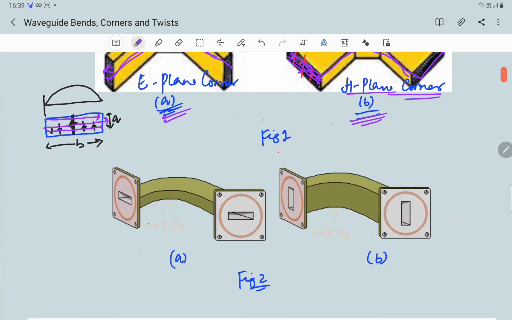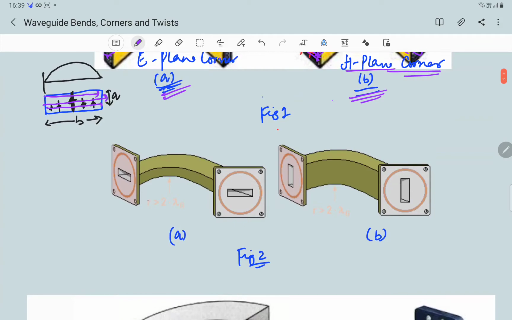The second thing that we'll discuss is waveguide bends. Figure A shows a waveguide bend, and figure 2 again shows a waveguide bend. The first is called an E bend or E-plane bend. This is our E bend, and this is our H bend.